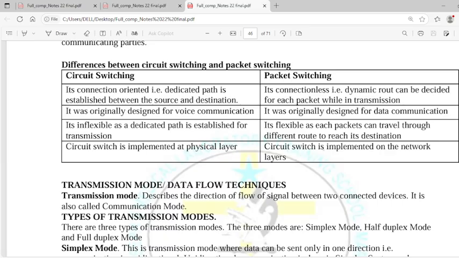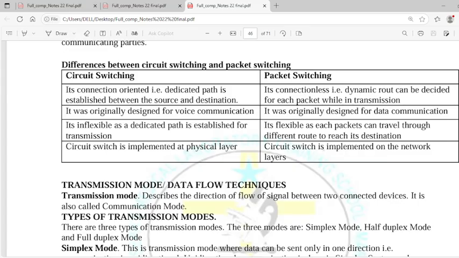Circuit switching is inflexible as a dedicated path is established for transmission, meaning data must only be transmitted through the particular path that has been established. So without that path, data will not transmit. But in packet switching, the case is different.